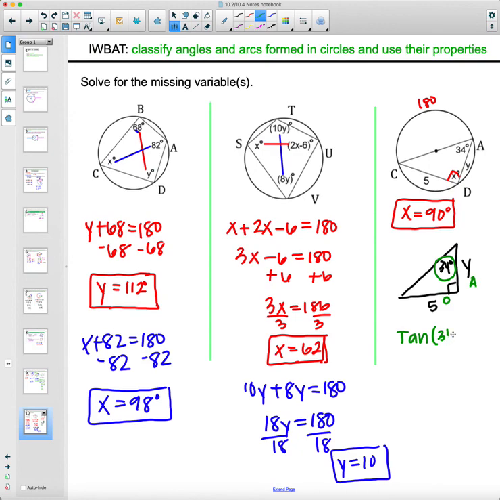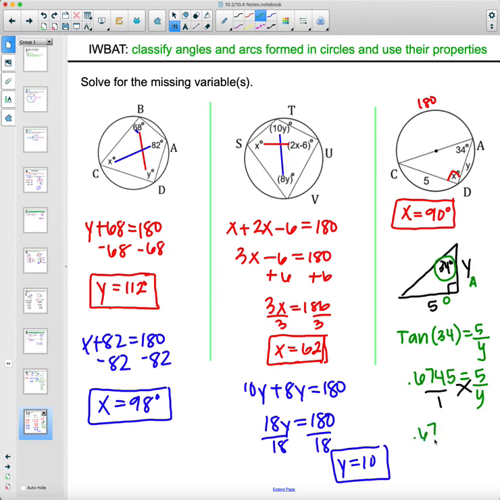So tangent of 34 equals the opposite over the adjacent. So type in tangent of 34 into your calculator. So 0.6745 equals 5 over y. Set up a proportion to cross multiply.